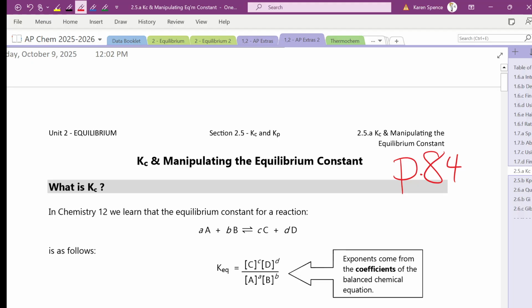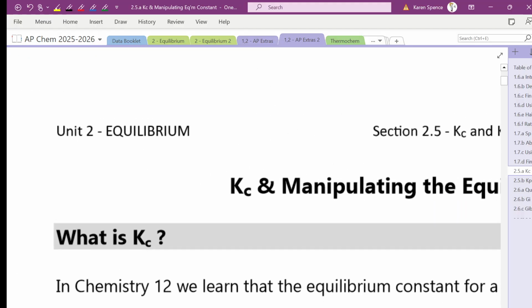So in AP, you will come across this constant called Kc. C stands for concentration. And it literally is exactly the same as Keq.